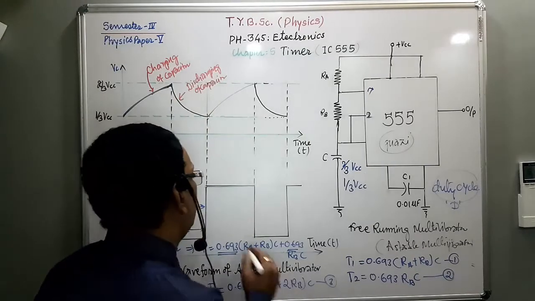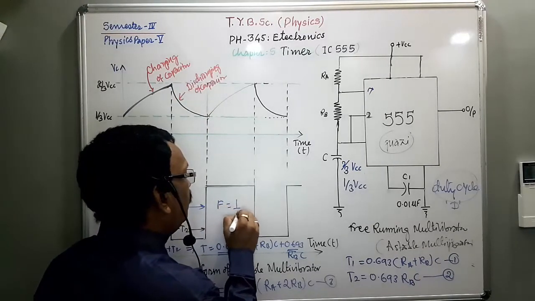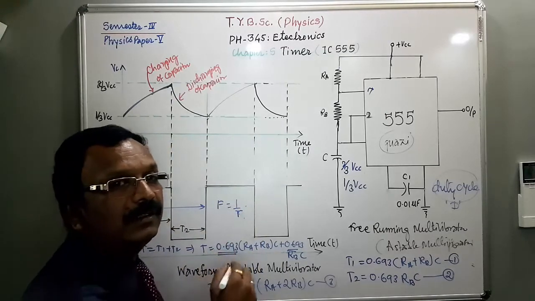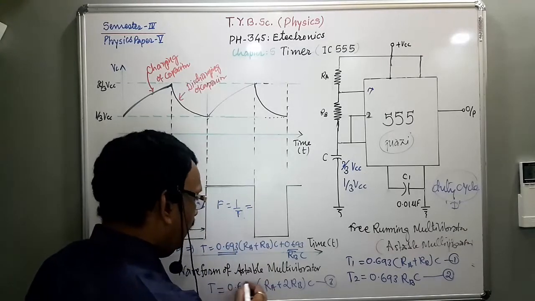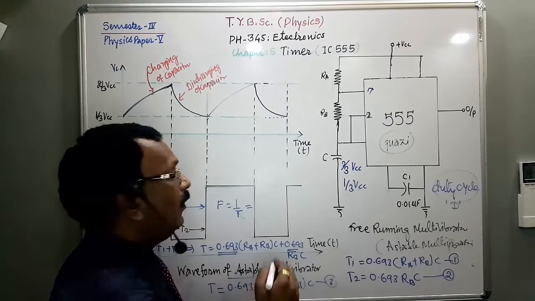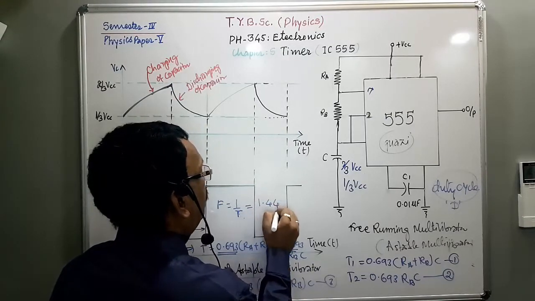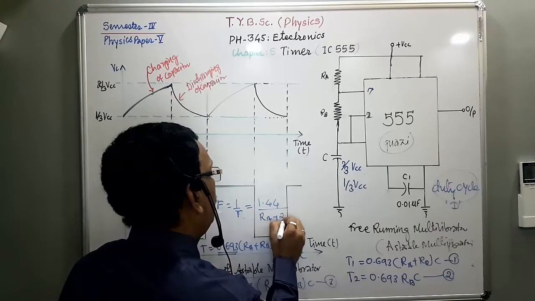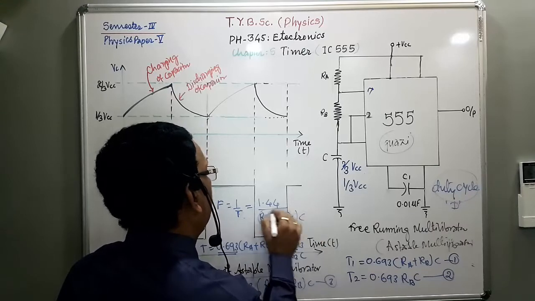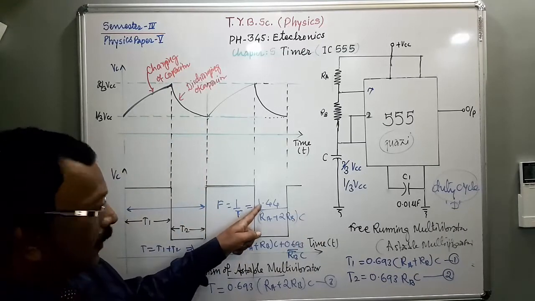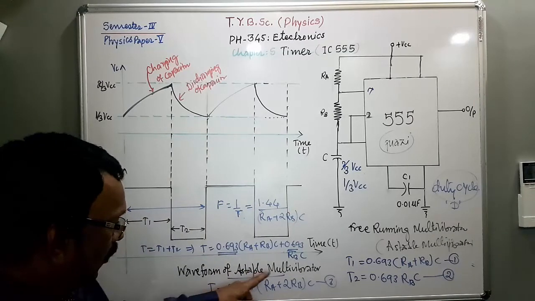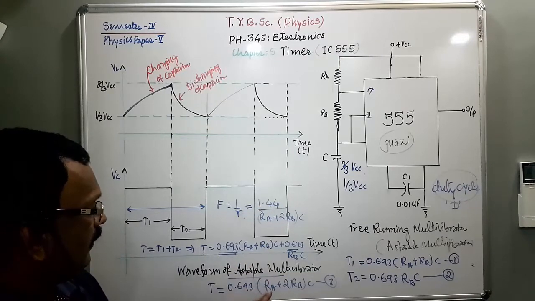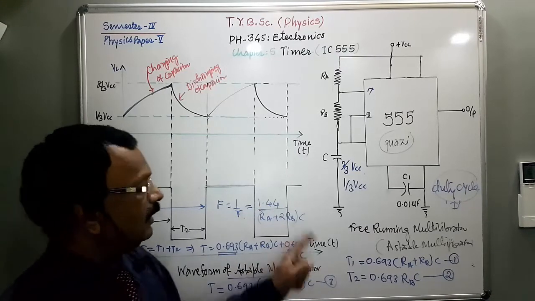We know frequency is the reciprocal of time, that is F is equal to 1 upon T. When we take the reciprocal, we get 1.44 upon (RA plus twice RB) into C. Why 1.44? When we take the reciprocal of T, 1 upon 0.693 is nothing but 1.44, and the term RA plus twice RB into C remains as it is.